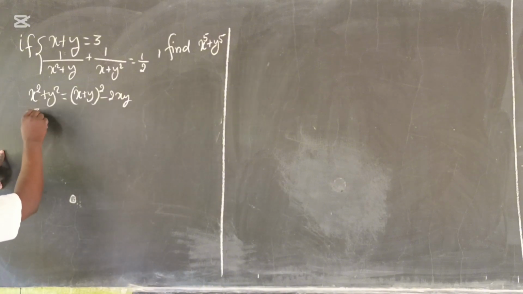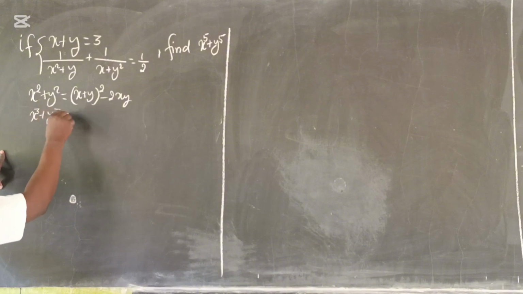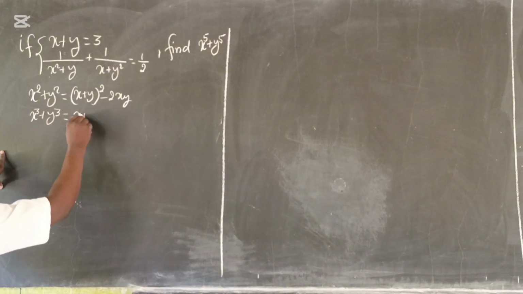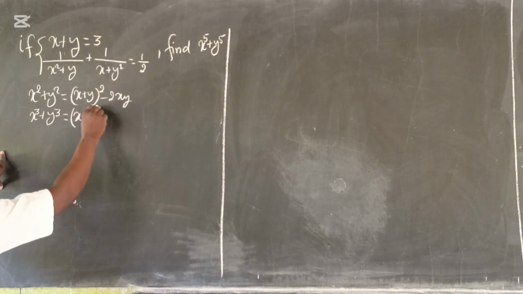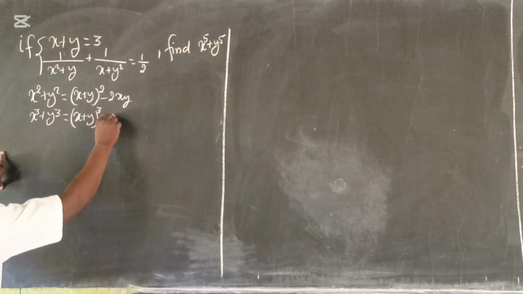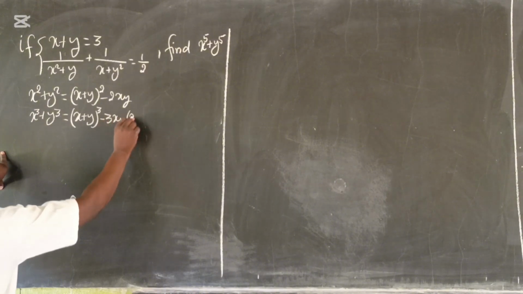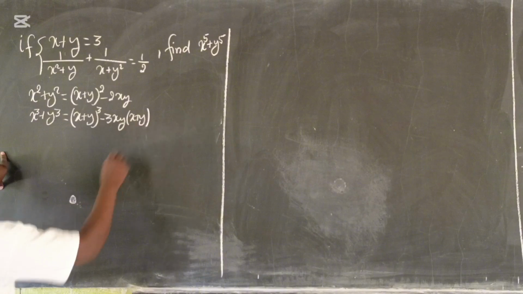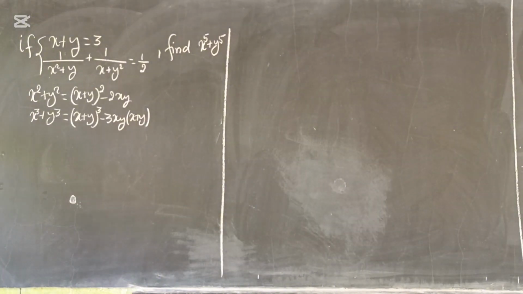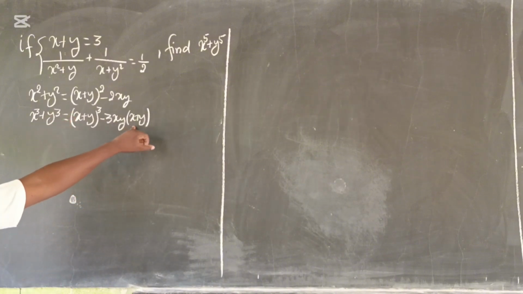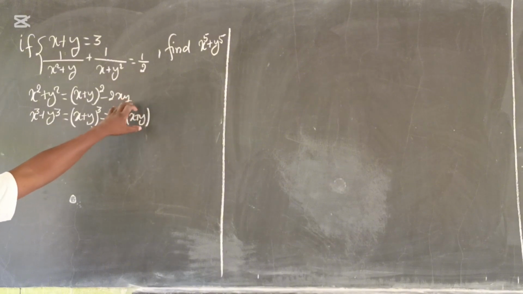And x power 3 plus y power 3 is equal to x plus y power 3 minus 3xy into x plus y. Knowing this, you see, each of these is expressed in terms of a sum and a product of 2 variables. Here is the sum of x and y. Here is the product of x and y.